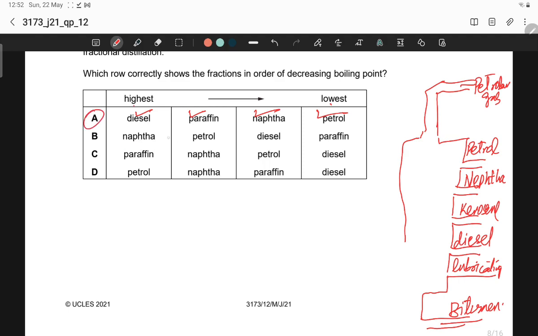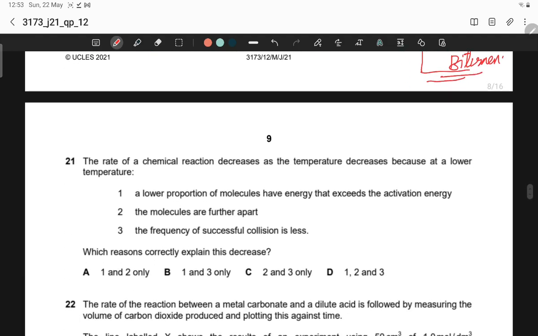Naphtha, then petrol, then diesel is incorrect, then paraffin is incorrect. Paraffin, naphtha, naphtha is petrol, and petrol to diesel. This is incorrect. Petrol is the lowest, this is highest, so this is incorrect. So A option is the correct option.